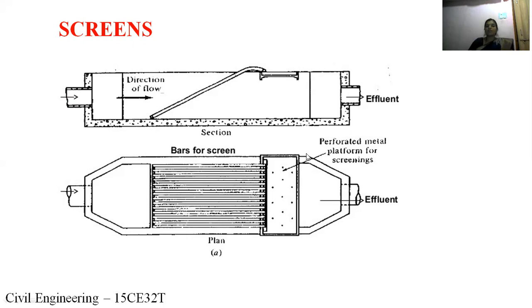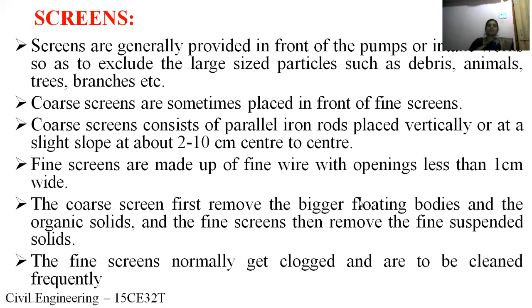And here is the perforated metal platform for screenings. This is the direction of flow. From here, the clear water will be taken to the next treatment unit from the effluent channel.